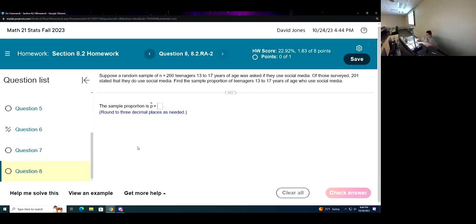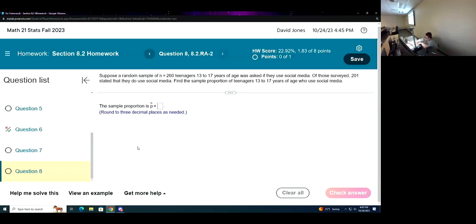Take a look at number 8. Number 8 says a random sample of N equals 260.